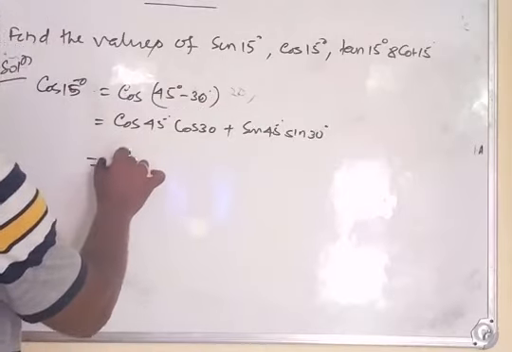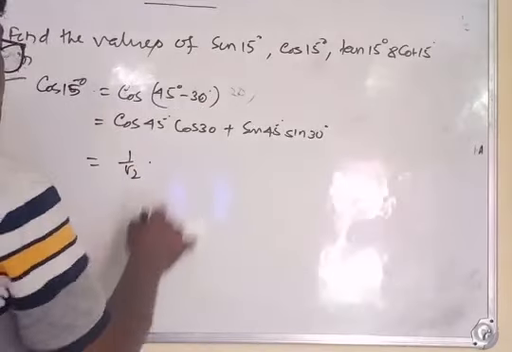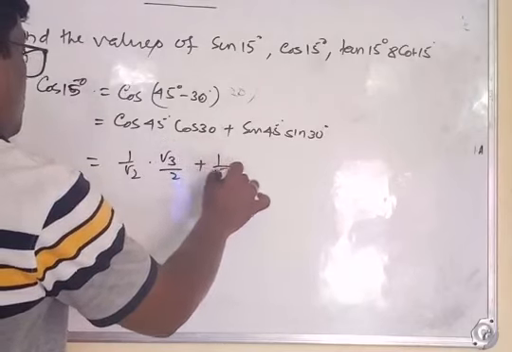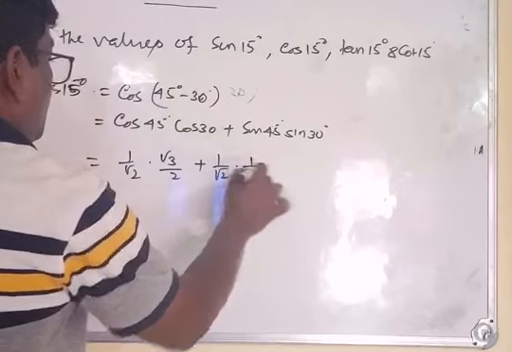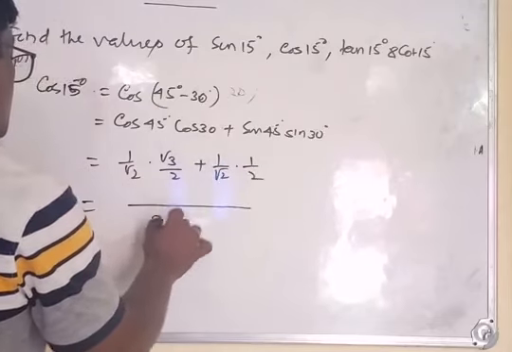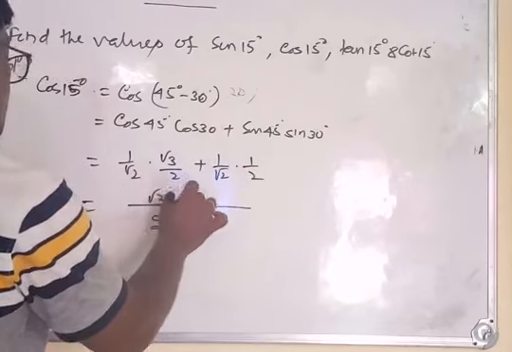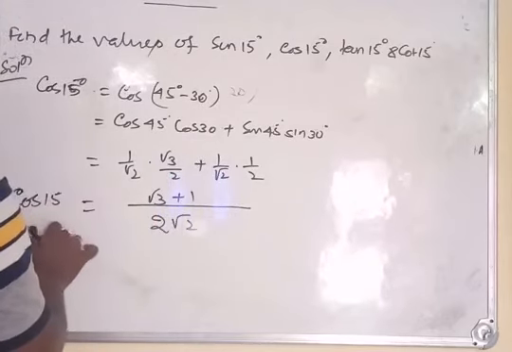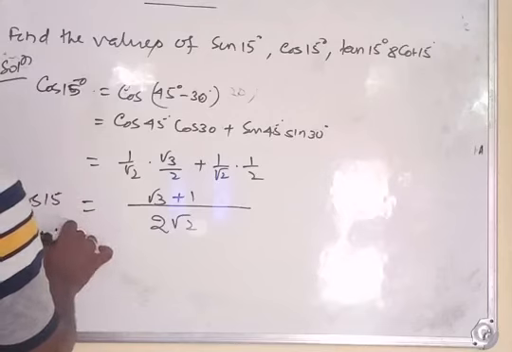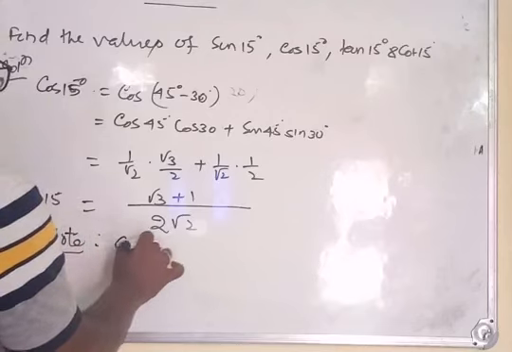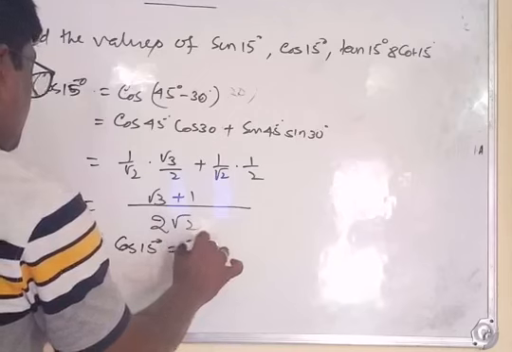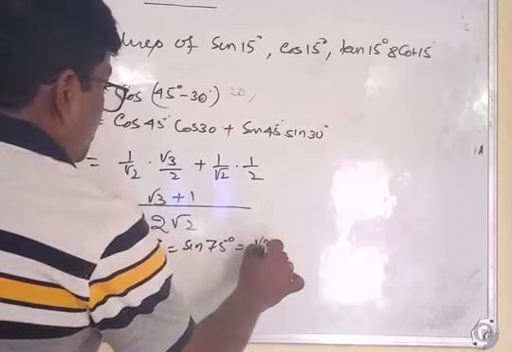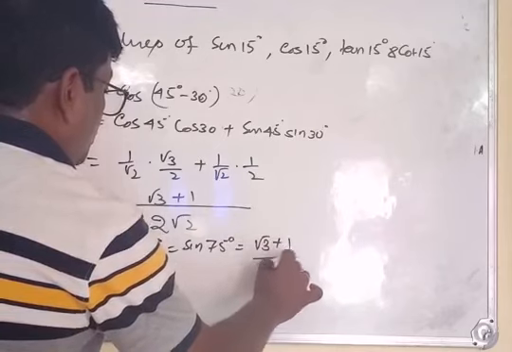So cos 45 is 1 by root 2, cos 30 is root 3 by 2, sin 45 is 1 by root 2, sin 30 is 1 by 2. This is equal to root 3 plus 1 by 2 root 2. This is equal to cos 15 degree. Clear? Note, cos 15 degree is equal to sin 75 degree is equal to root 3 plus 1 by 2 root 2.